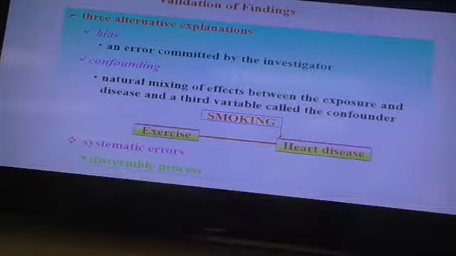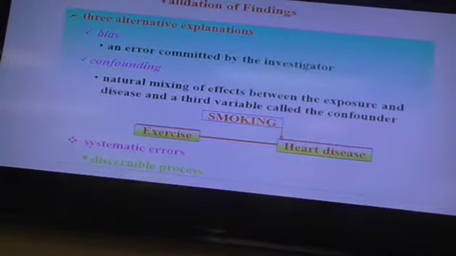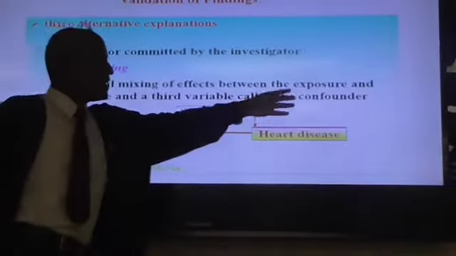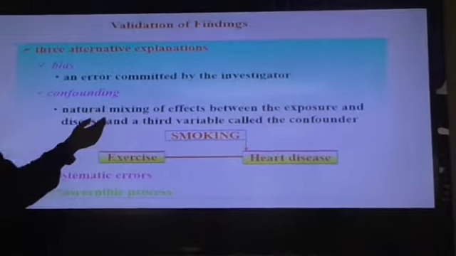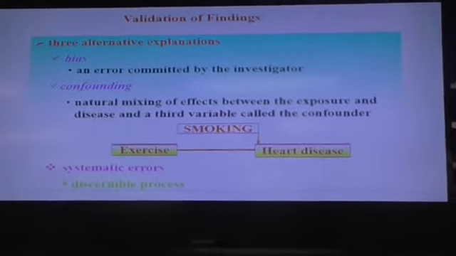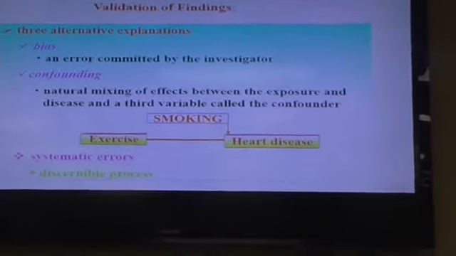What we have in mind is that the two are related or associated. But if there is a third variable that we are not considering, but that variable is associated to the exposure or the outcome or the disease in our case, then we say the study is confounded.